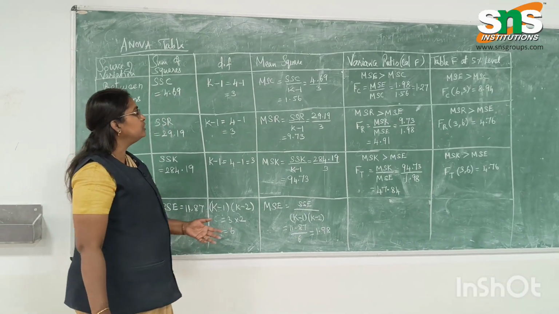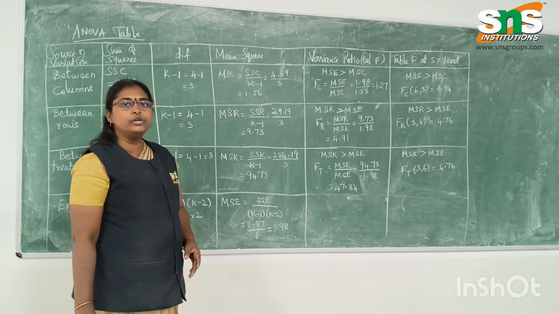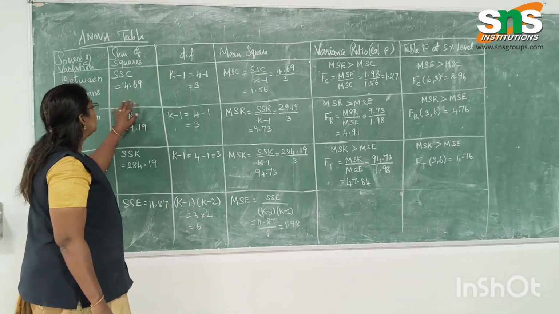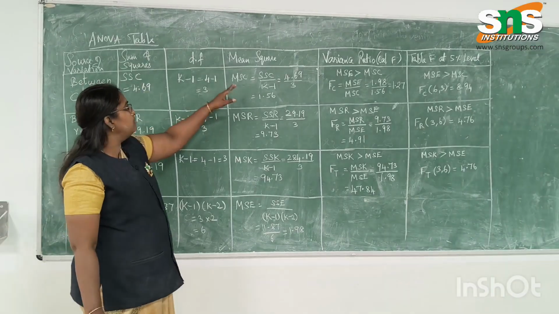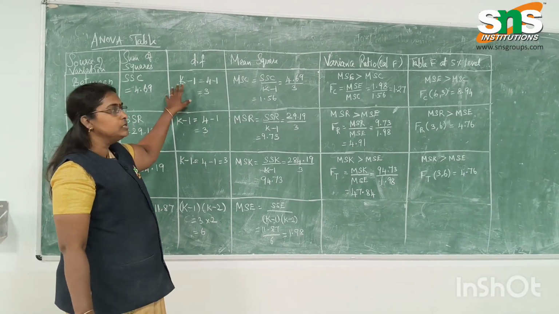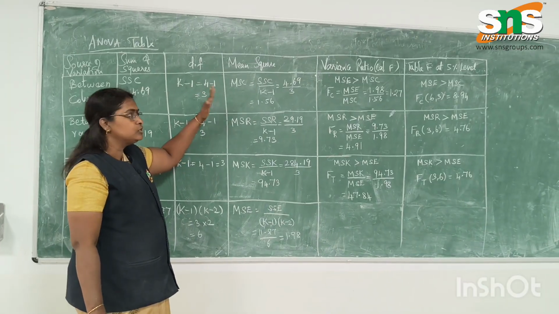Next, we move on to the mean square. Mean square means nothing else but the mean value we are going to calculate. We calculate it using the sum of squares of columns in the numerator and the degrees of freedom in the denominator.